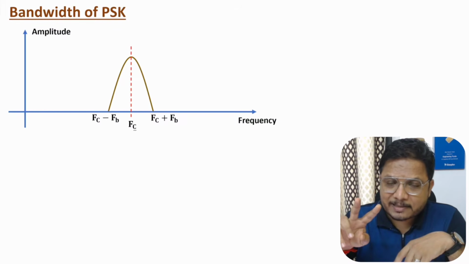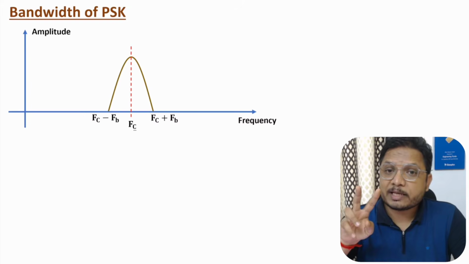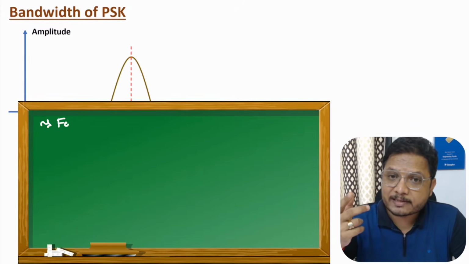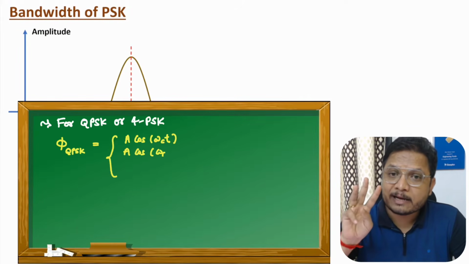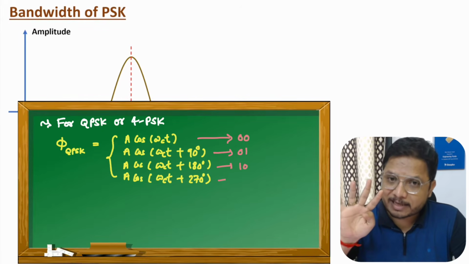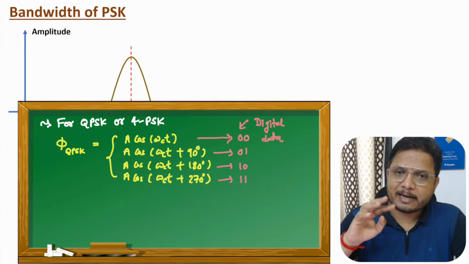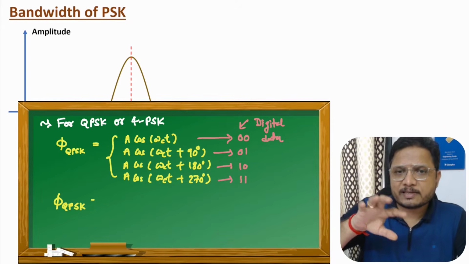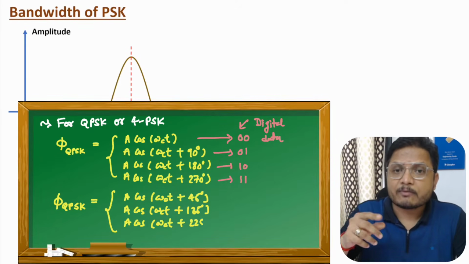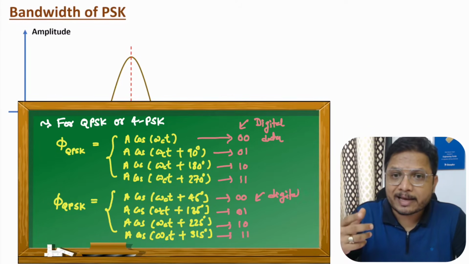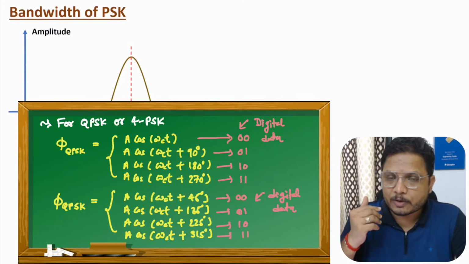Like with binary PSK, we have phases of 0 and 180 degrees. Likewise, with QPSK, one can have phases of 0, 90, 270 and 180, right? And here you can change the phase even like 45, 135, 225 and 315. That is up to you.